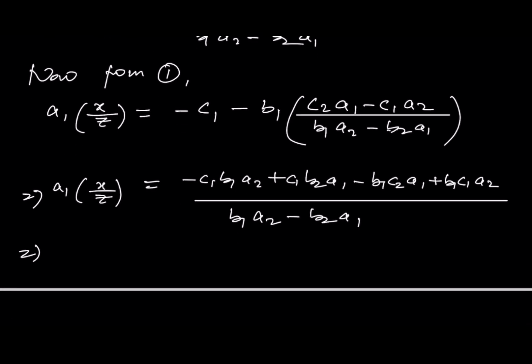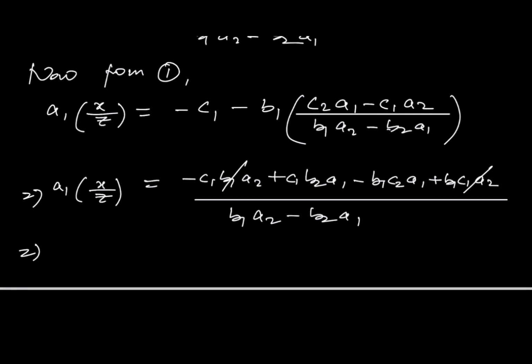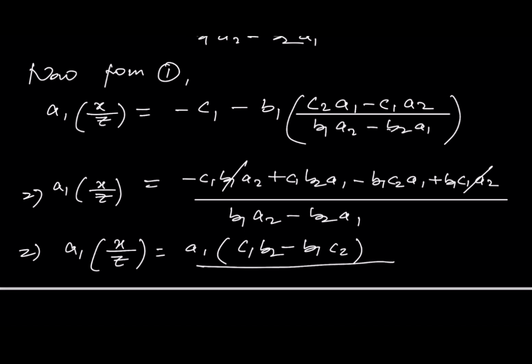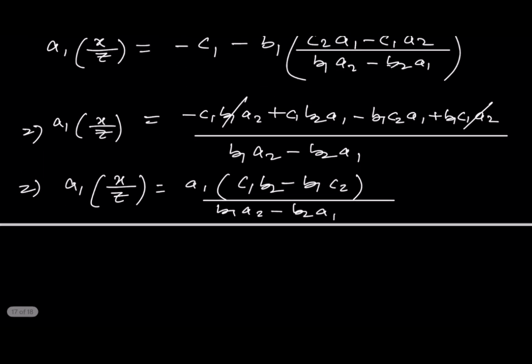Or this b1 c1 a2 and b1 c1 a2 will cancel out, and in the numerator now I will take a1 common in the RHS, so that inside it will be left with (c1 b2 minus b1 c2) upon (b1 a2 minus b2 a1), right?